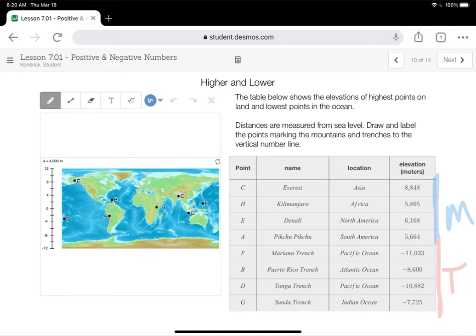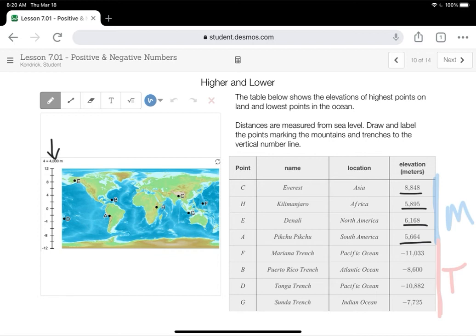What I want you to do is take your different values, and I see that there's 8,000, 5,000, 6,000, 5,600. And I want you to take a different color, if you can, to put each of these elevations on this very nice and tiny vertical number line.